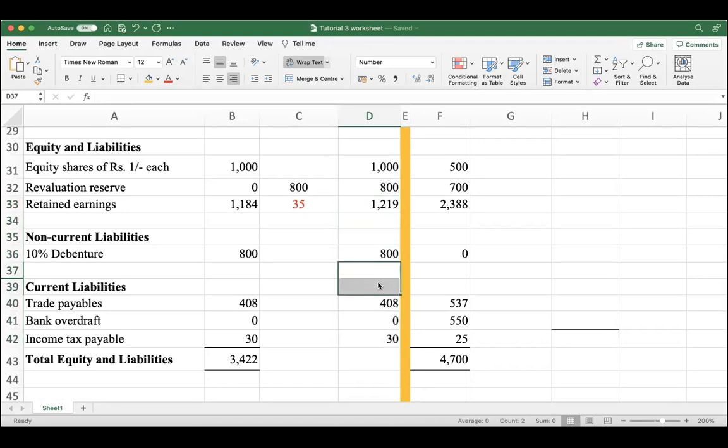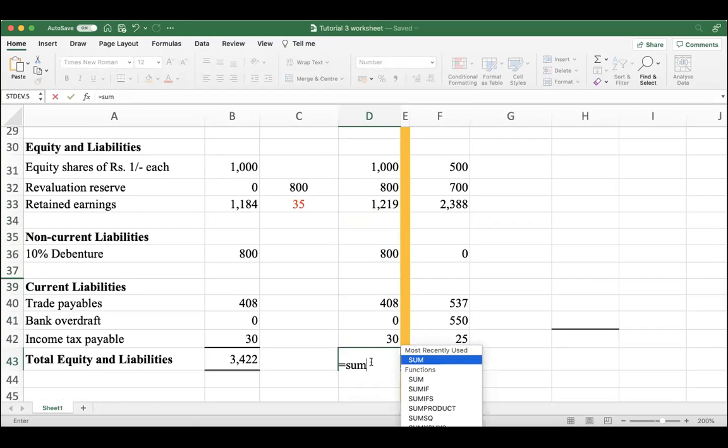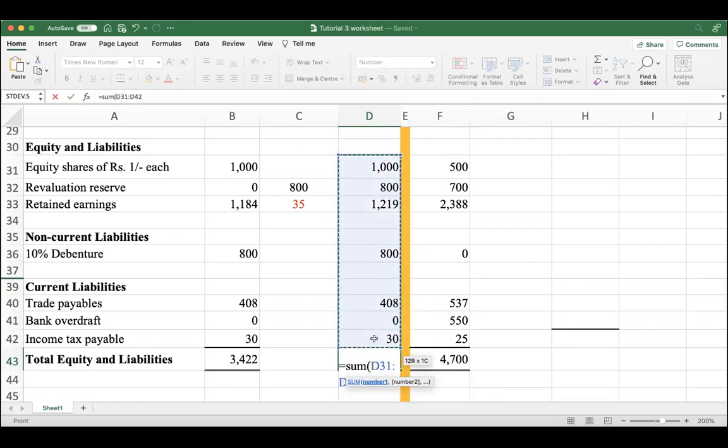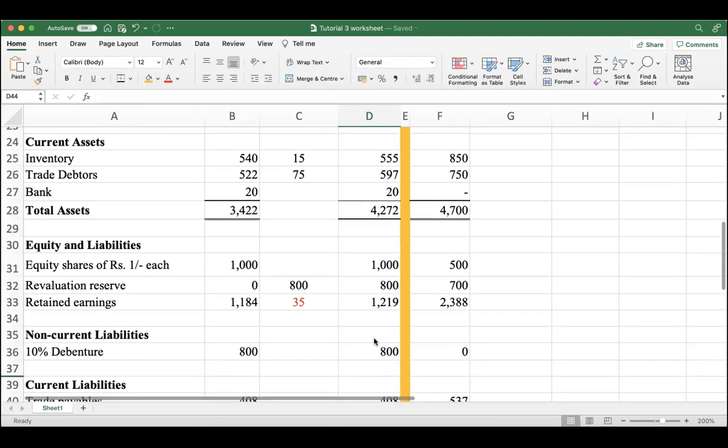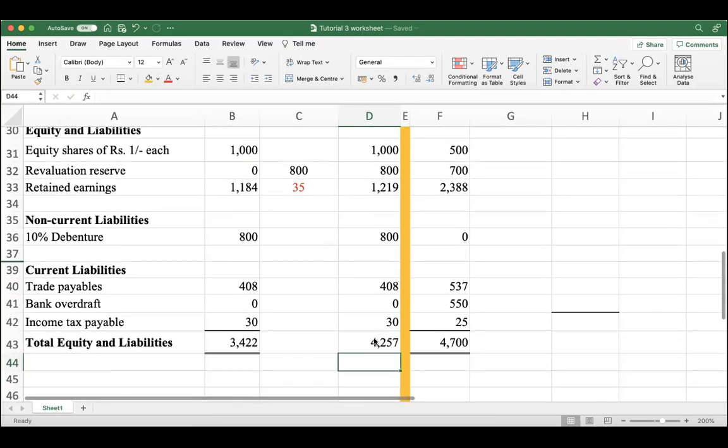There are no changes. Then total equity and liabilities.